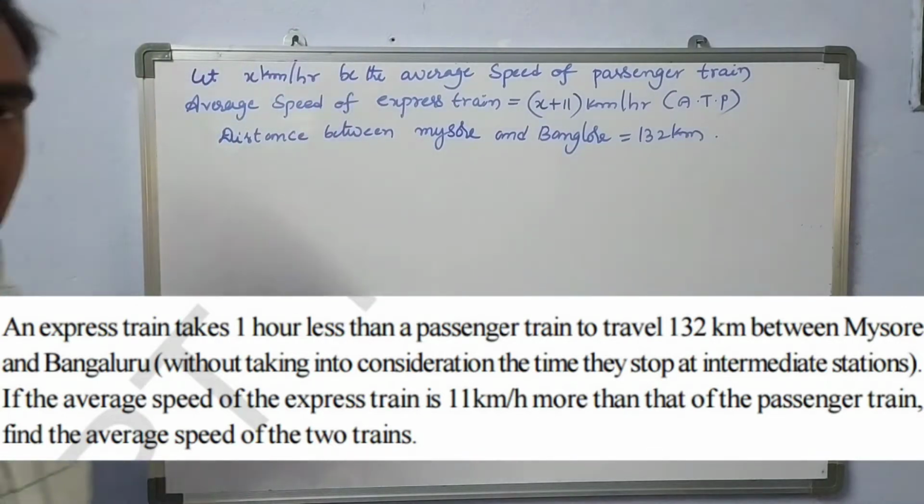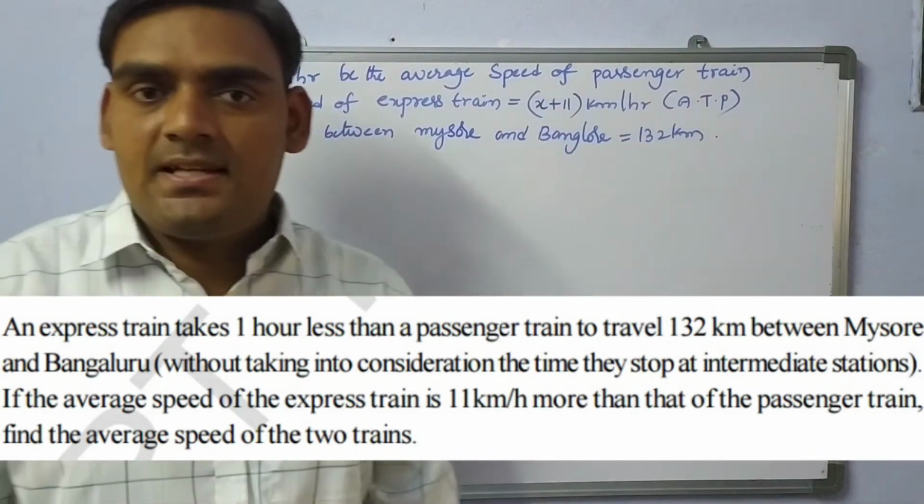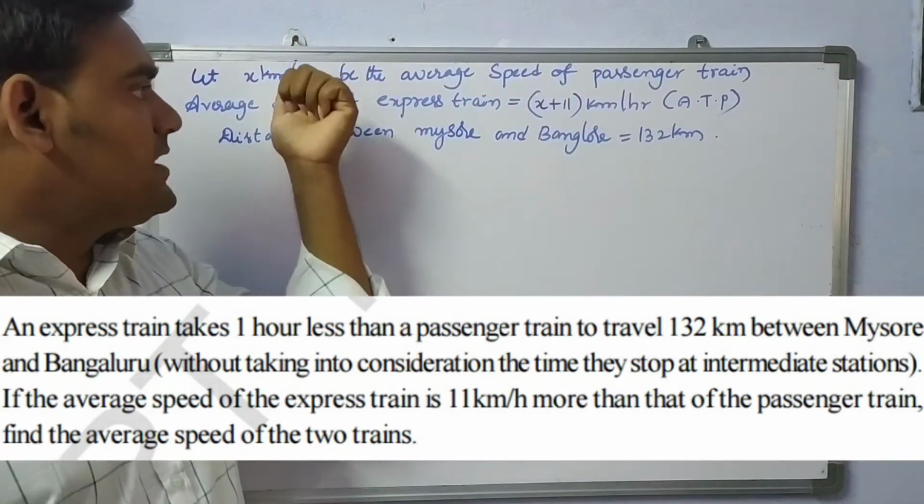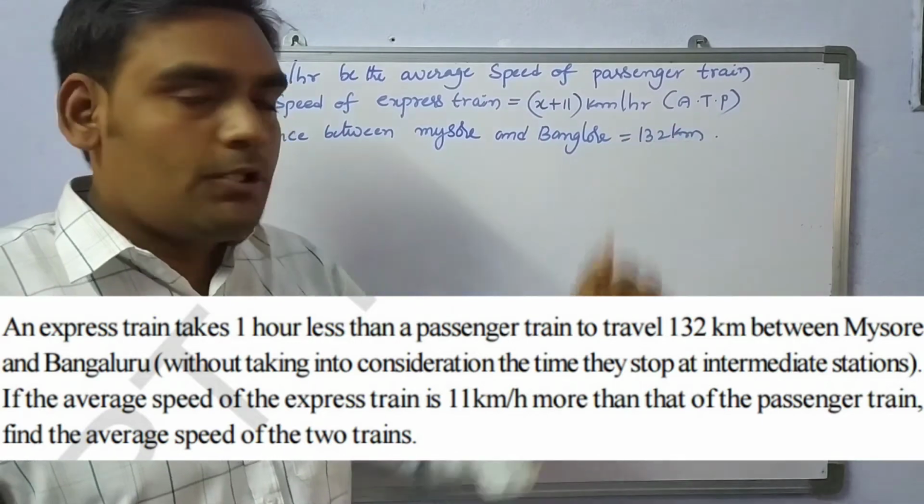So here first we need to find the time taken by the passenger train when it goes at x kilometer per hour of speed over a distance of 132 kilometers.